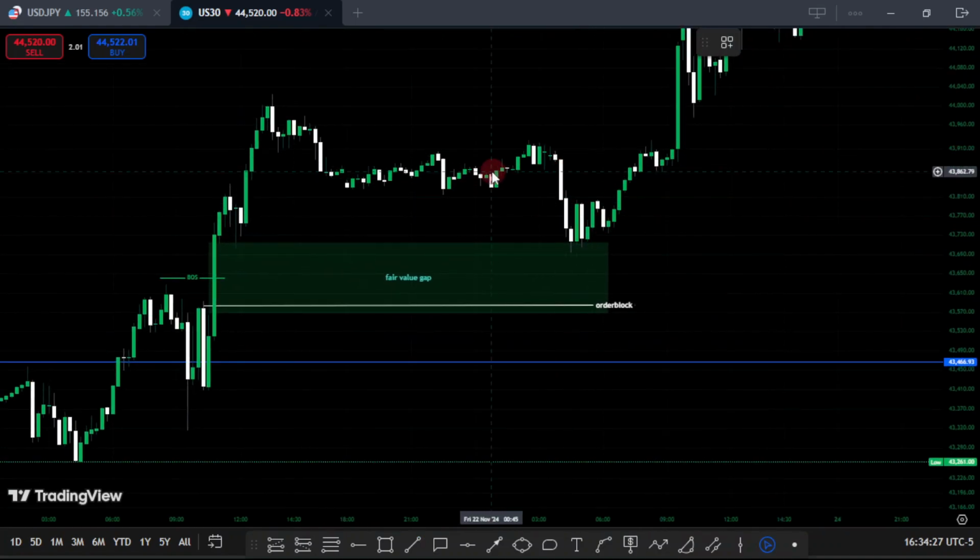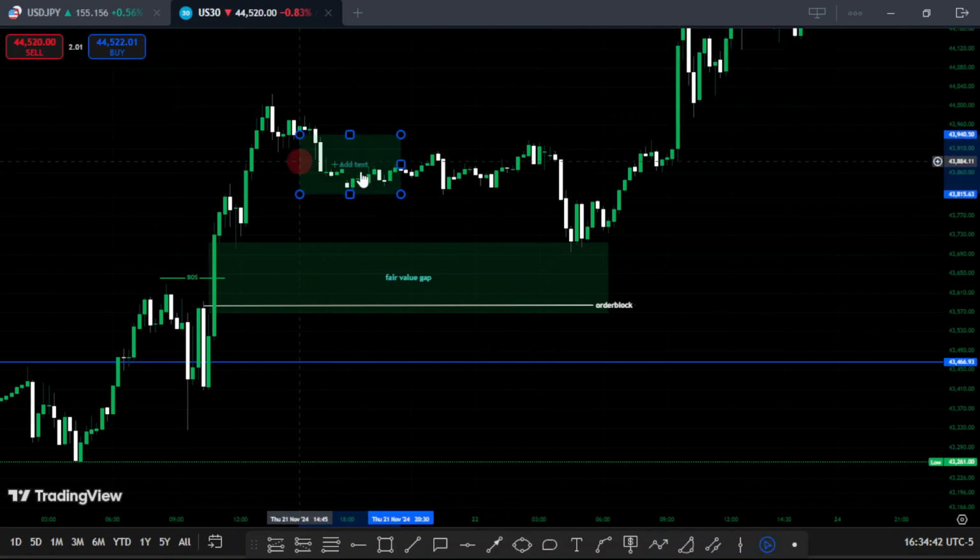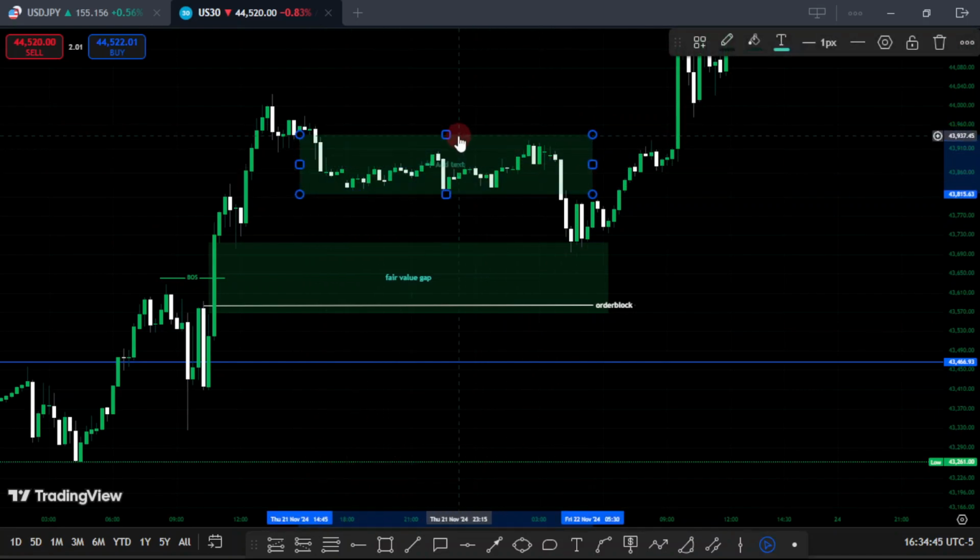Where do we want to enter the trade? We want to enter the trade after finding the key structural points. Our structural point over here is after price breaks structure, we want to see price come down to fill the fair value gap. And if you concentrate your focus over here, you can tell that price had been in a range, or a consolidation, before price dropped down.